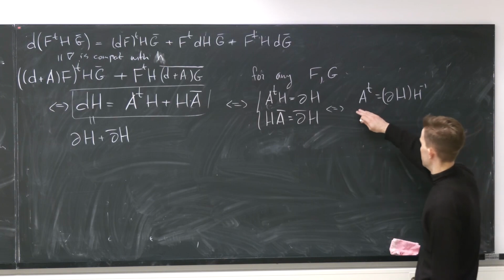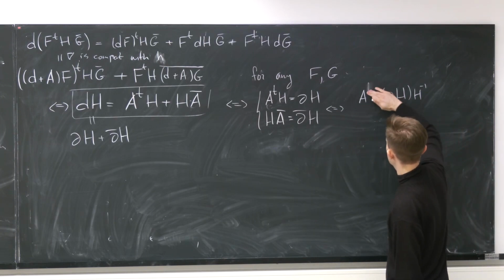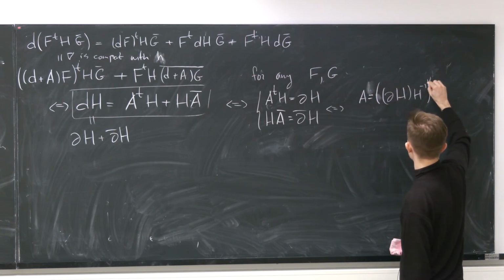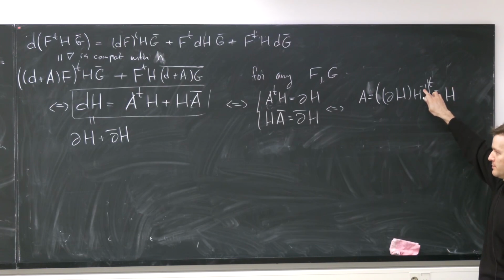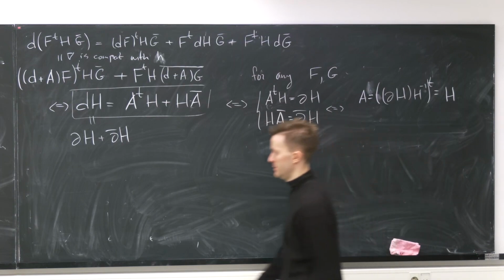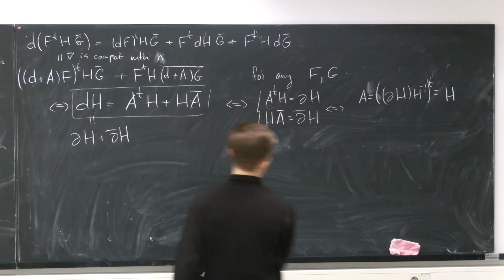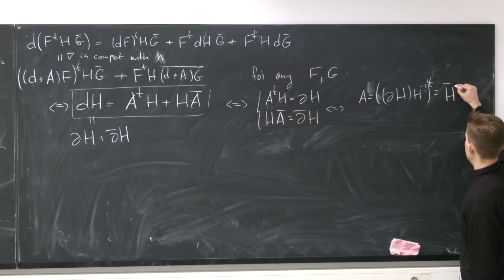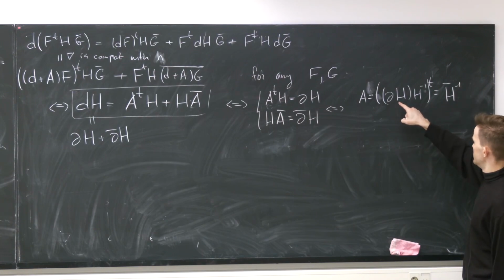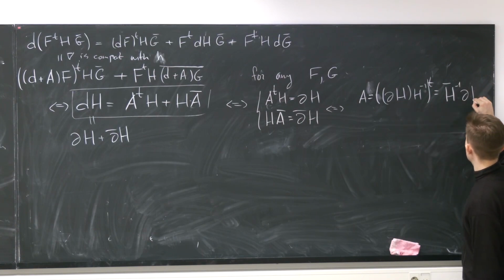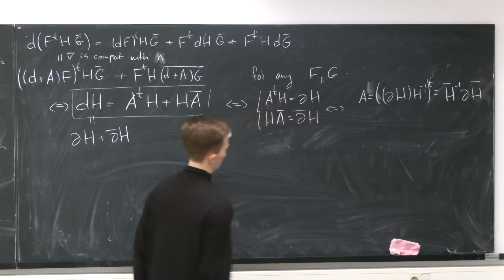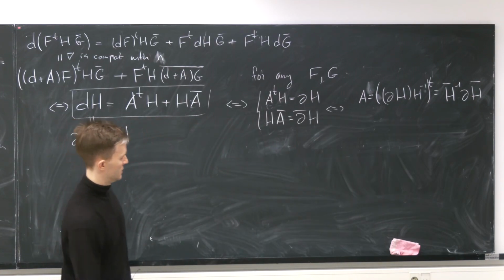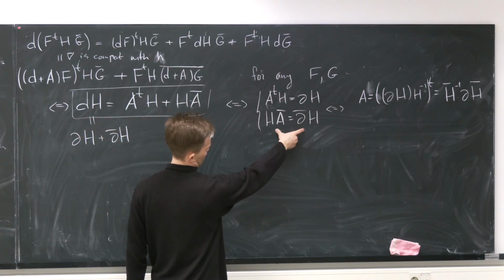So, first, let's apply the transposition here. So this will be H transposed inverse, but H transposed is the same as H bar. So from this Hermitian condition, H bar inverse times del H bar. And the second condition is the same, because again I can take the conjugate of this thing.